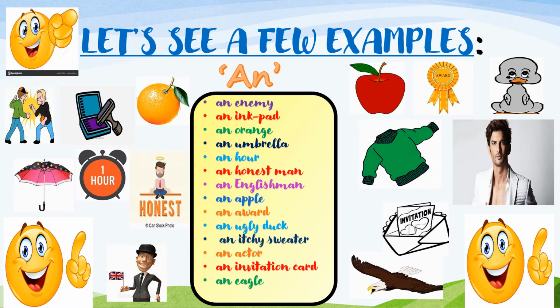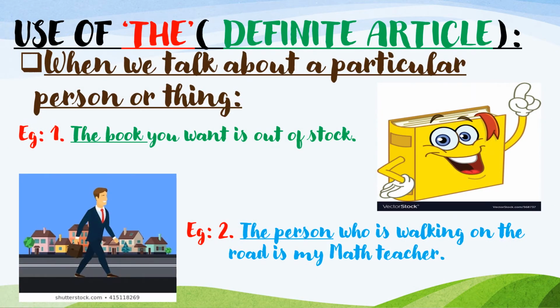So here all the words began with vowels. So there is no problem. We have used the absolute article an. Now let us go to the next part. Now let us discuss the usage of article the, which is definite article. The article the is used when we talk about a particular person or thing.